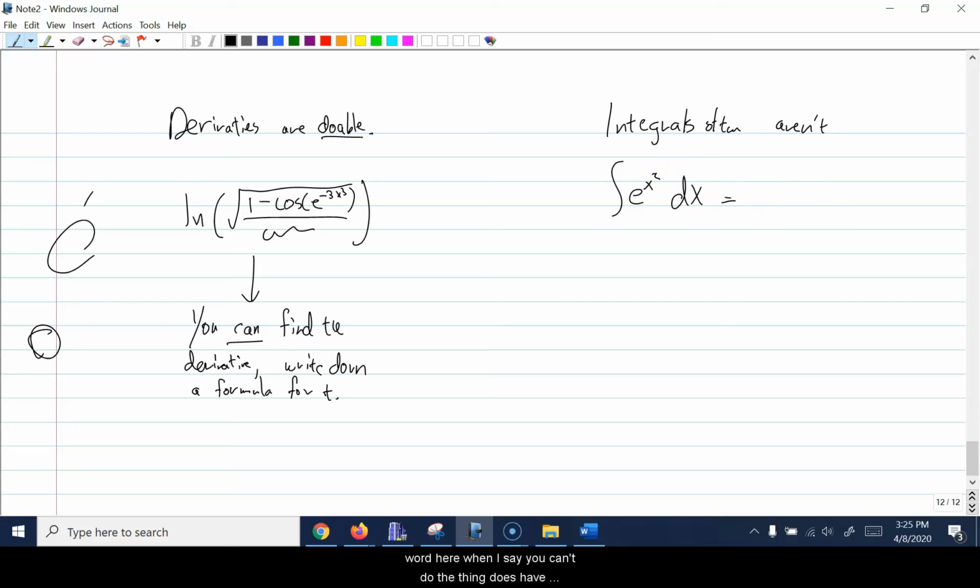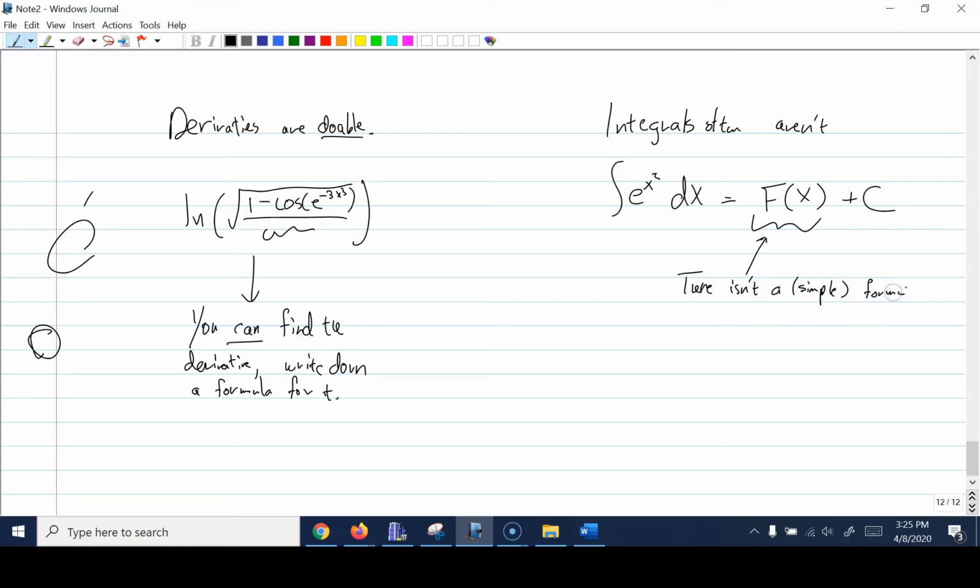Can't is a weird word here. When I say you can't, the thing does have an antiderivative, which means it has infinitely many antiderivatives by putting a plus c, but there isn't a closed form expression, by which I mean there isn't a simple formula for this function.